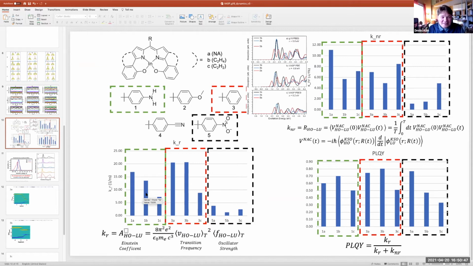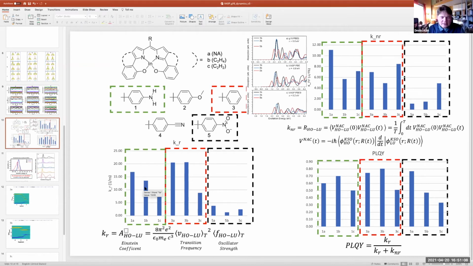We discussed it, I think, and Aaron, would you like to comment? Maybe it's just related to the ratio of radiative to non-radiative. Can you say that again?